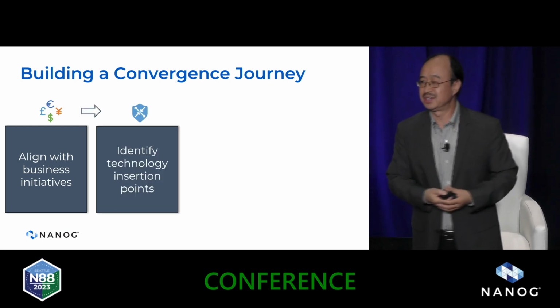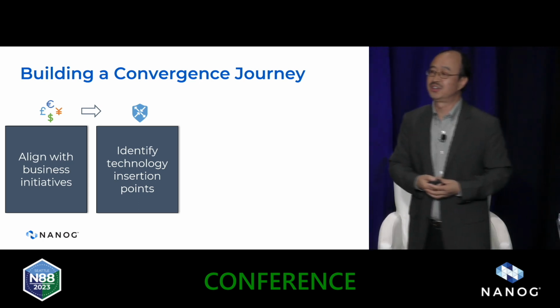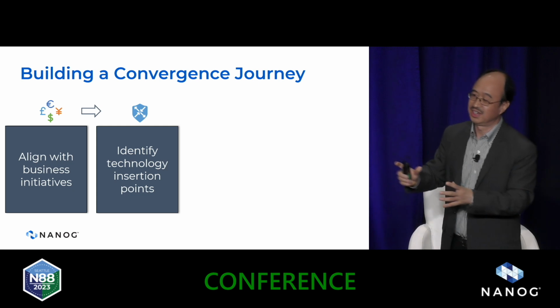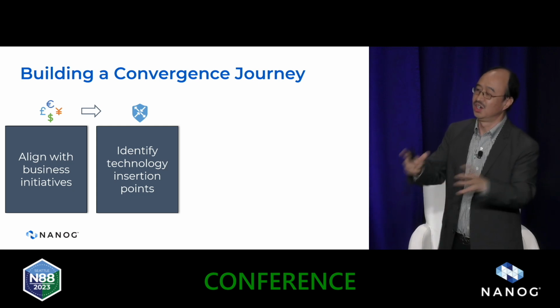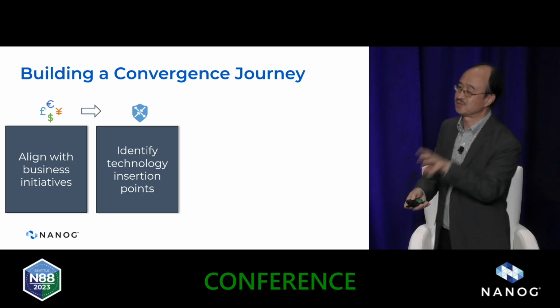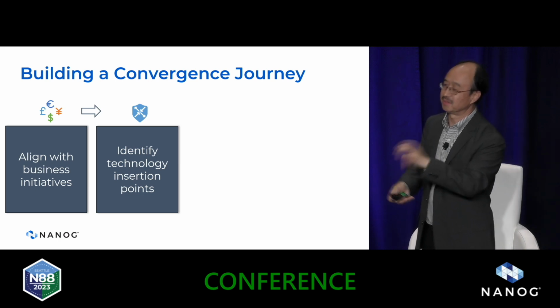Second part is to identify key technology insertion points so that you can attach your convergence journey to the business initiative through these insertion points. We're going to talk to some of those a little bit.